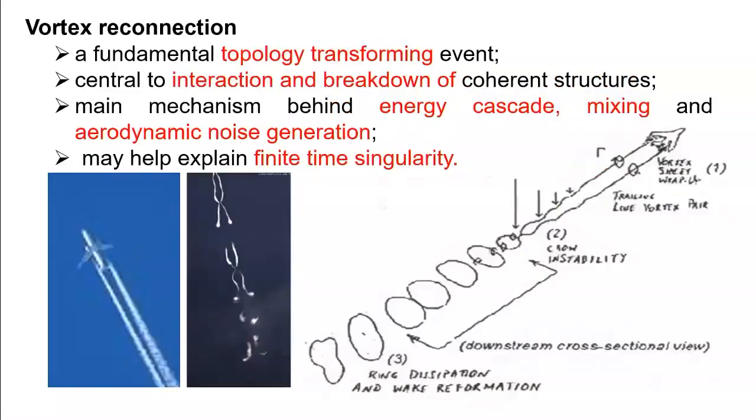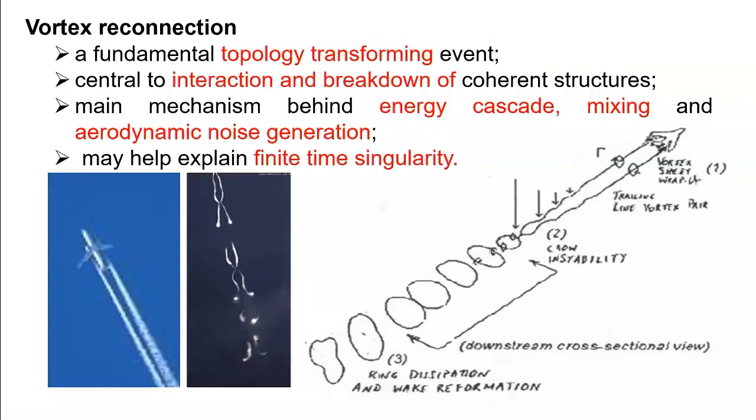And this is an important problem because even if you go back to the wake of the airplane, you see this process of vortex reconnection is prevalent in many technological applications, like in the wake of airplanes. You have two counter-rotating vortices, being perturbed by the atmosphere, and then they reconnect and form a series of rings.